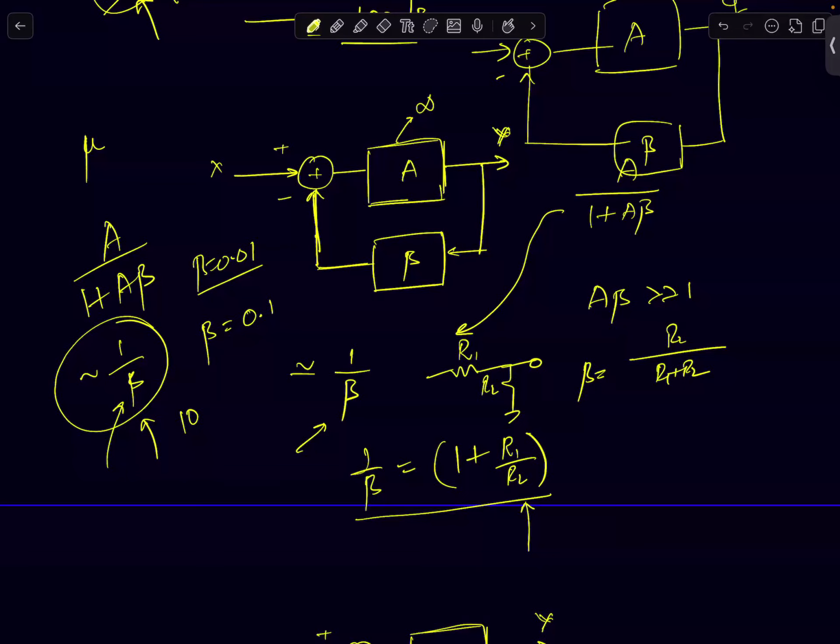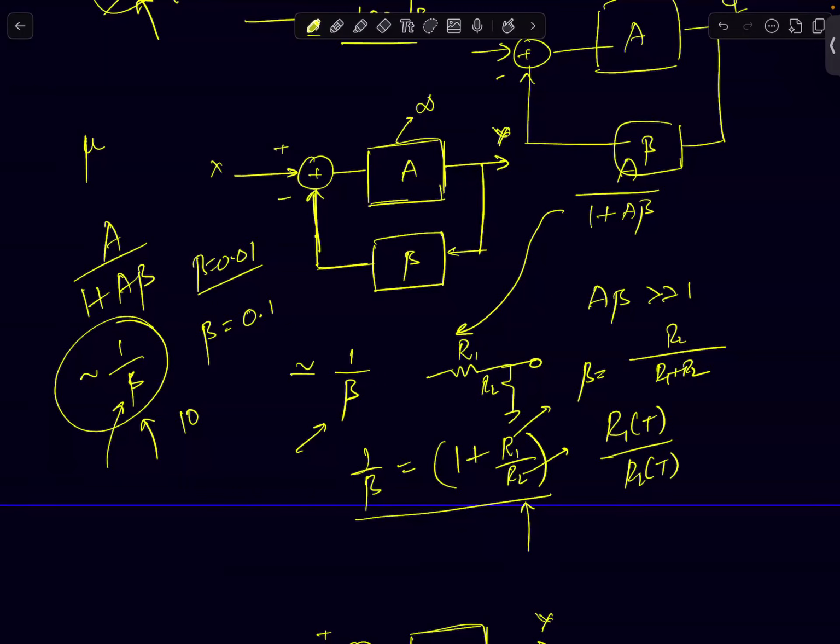Today in integrated circuits, we manufacture two resistors very close by to ensure that they are matched. If the resistors age together, then the ratio will always remain constant. Let's assume R1 changes with temperature. R2 will also have similar variations, because they are very similar types of resistors. Therefore, the ratio will always remain constant.